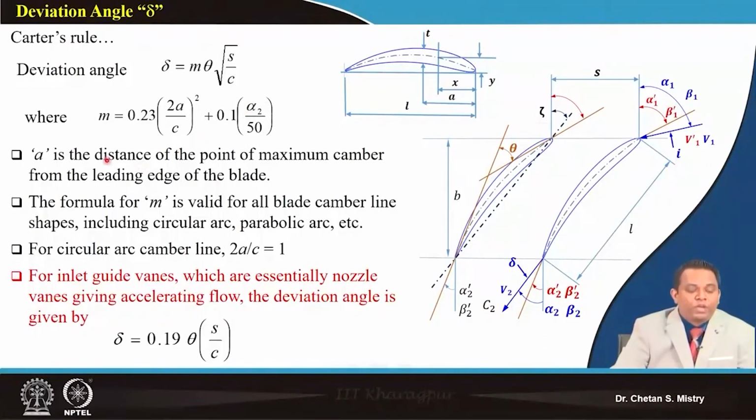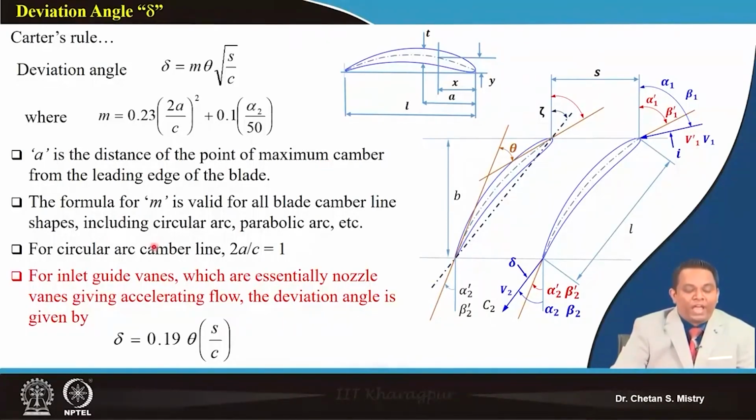As we have discussed, a is the distance of the point of maximum camber, the location of maximum camber from the leading edge. This m varies with the different kinds of camber lines we select. We will see what exactly is the meaning of different kinds of aerofoil very soon.